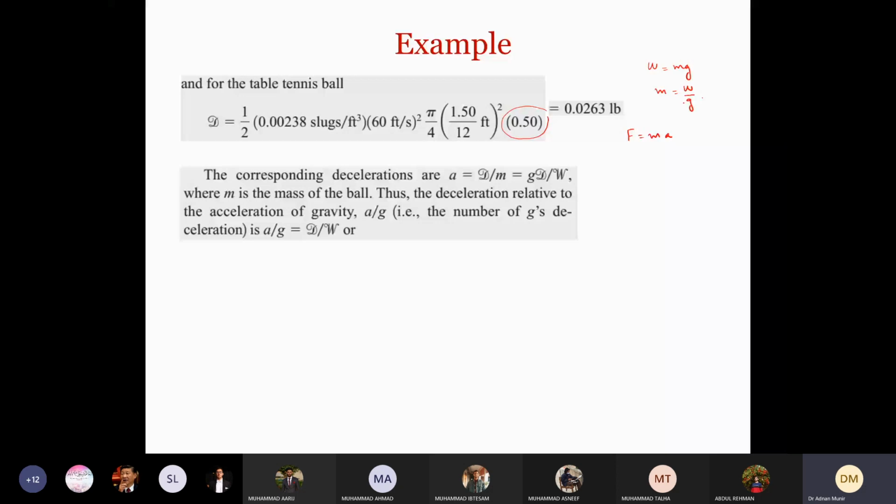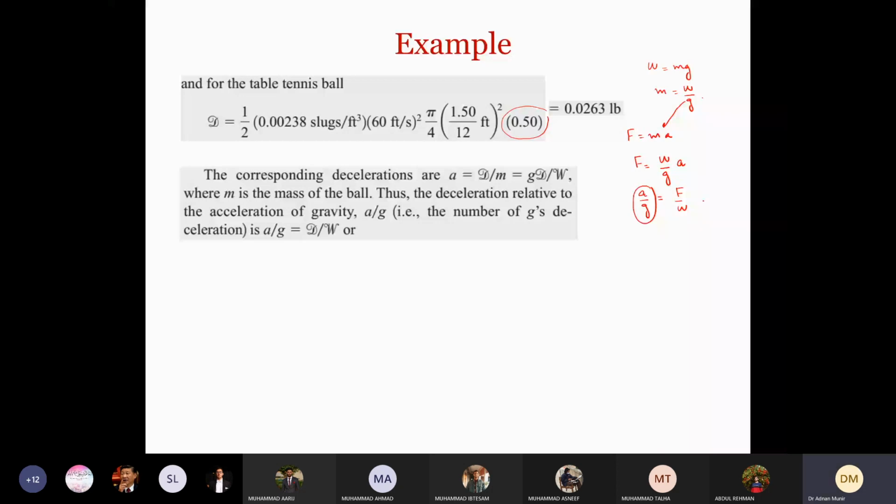Putting this in, F equals W over g times a. Rearranging in terms of a by g, a by g equals F over W. So this is the non-dimensional acceleration, and from here I can find the acceleration.